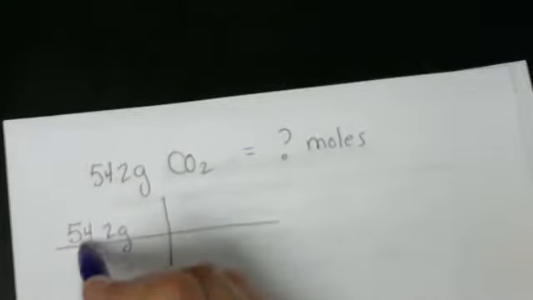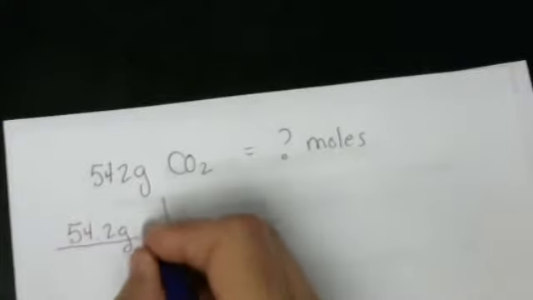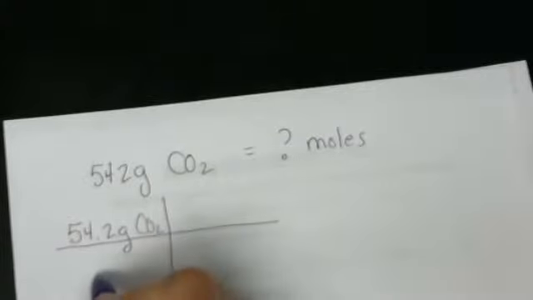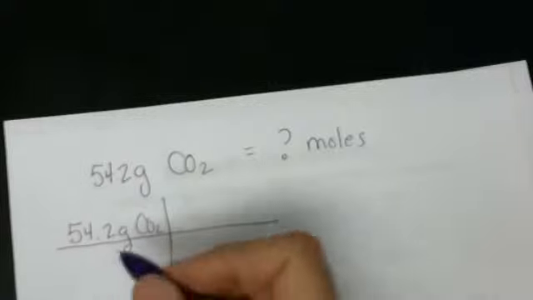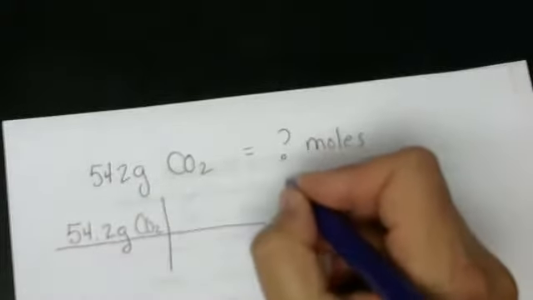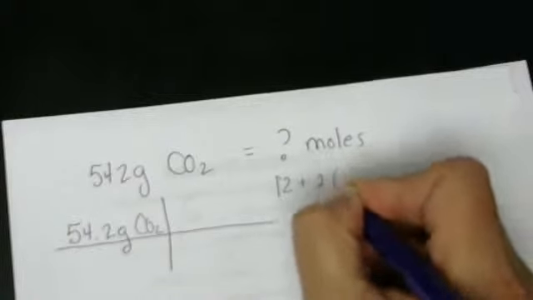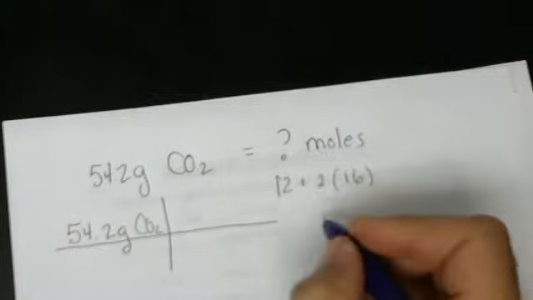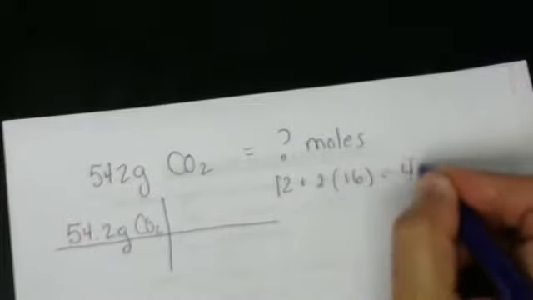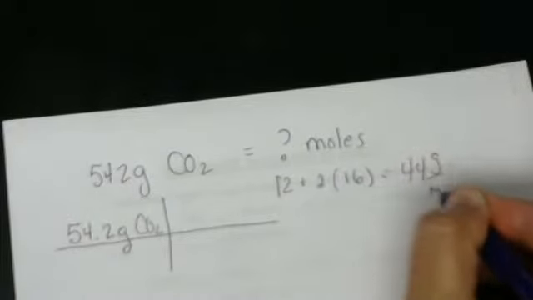So if we have 54.2 grams of CO2, underneath that we could ask, what is the molar mass of CO2? We already did that. Carbon is 12, plus there are 2 oxygens at 16, so the total is 44 grams per mole.